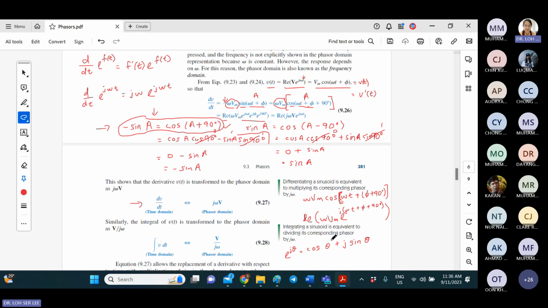That means this will be changed into omega t plus phi plus 90. And we just look at the real part. So this is cos of omega t plus phi plus 90.